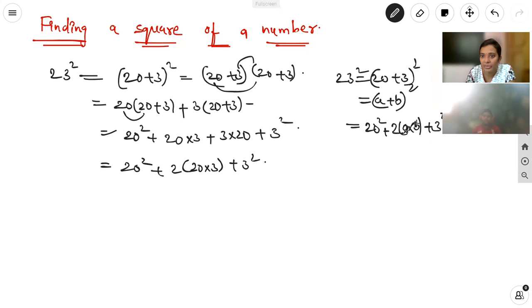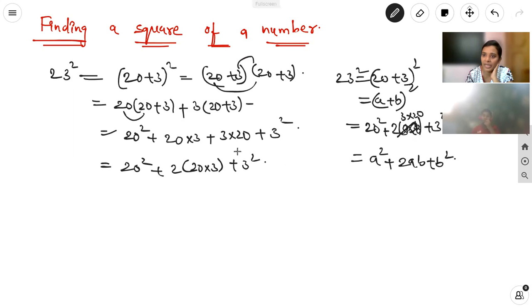That is, 3 into 20 and 20 into 3 come 2 times, that is 2ab. It can be expressed for whatever number: (a plus b) whole square equals a square plus 2ab plus b square. It is one identity, which will come later. How we are getting this: by the distributive law only.